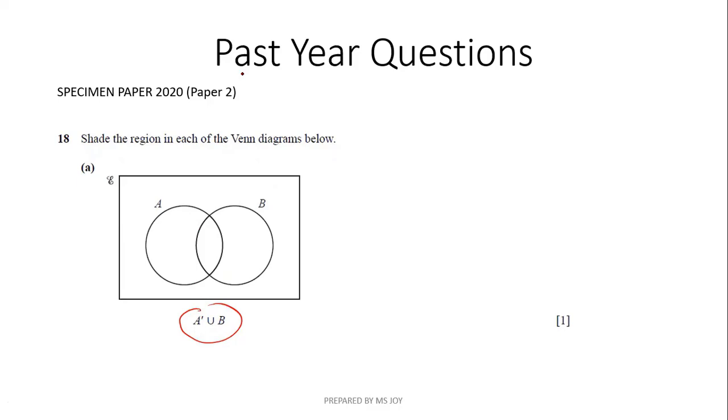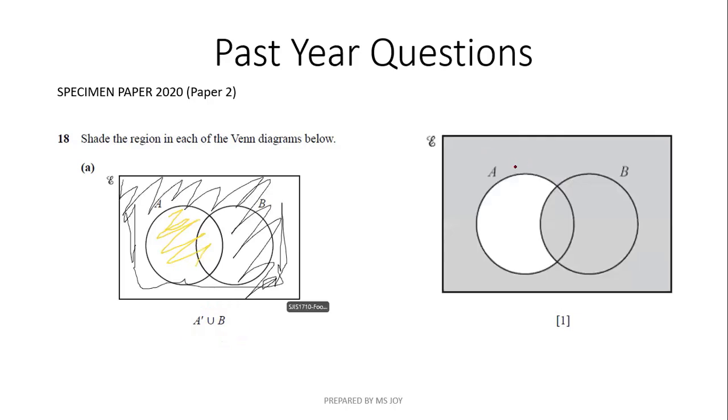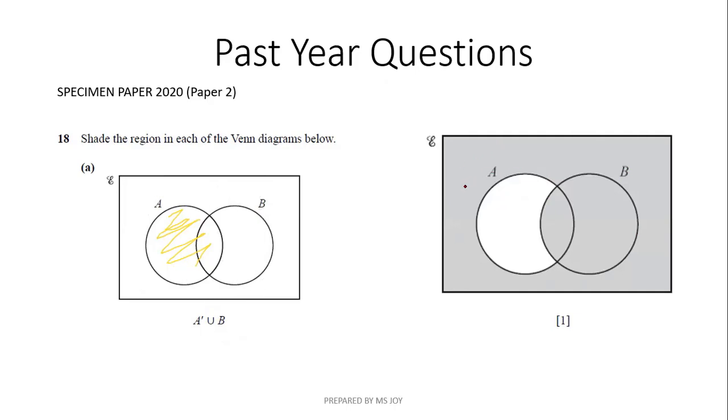Okay, B. Shade everything except A. Everywhere but A, half of B outside the circle. Don't scribble, please. Thank you. Correct. This one you guys got correct. You shade everything except for A.